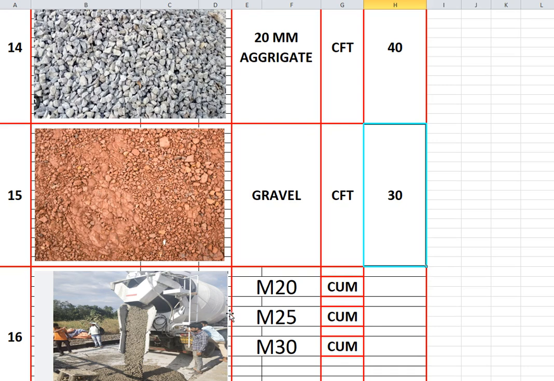Then comes the RMC, ready mixed concrete, where you use transit mixers to get the concrete. There are three different grades: M20, M25, M30. The price of M20 is 5300, M25 is 5500 per cubic meter, and M30 is 5700 per cubic meter.